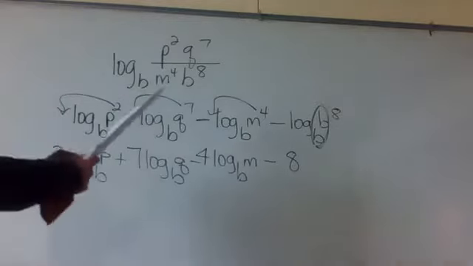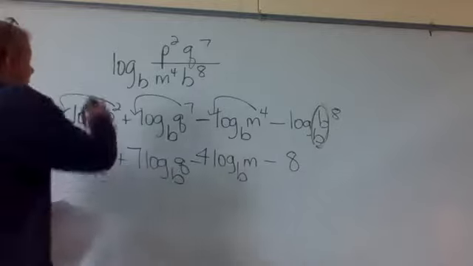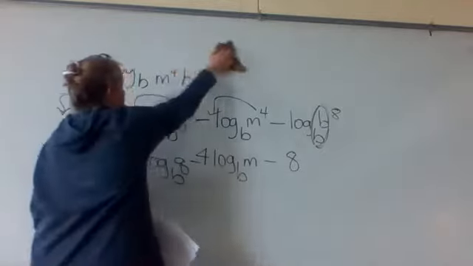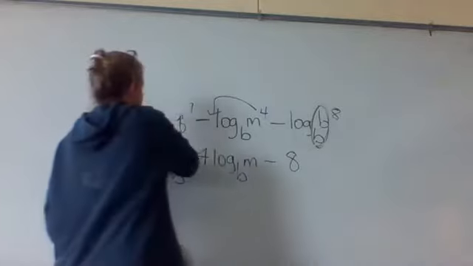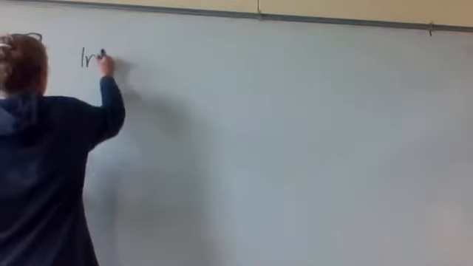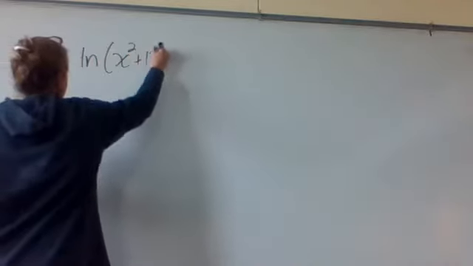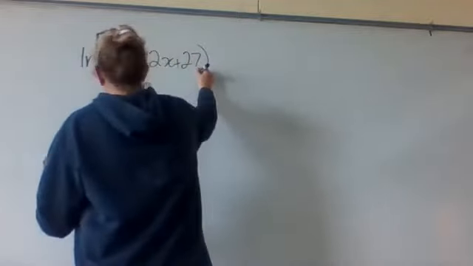All right, I'm hustling. Number 20. Simplify the expression. ln x squared plus 12x plus 27 minus ln x plus 9.